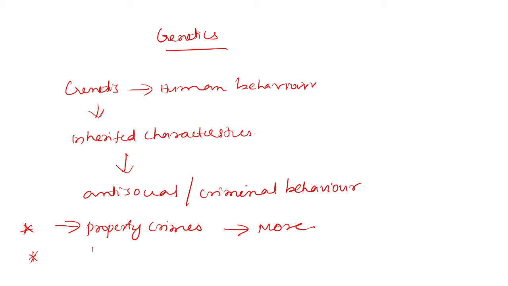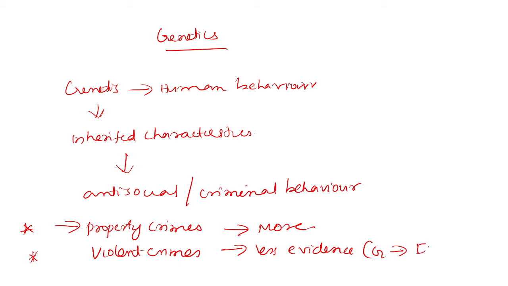So in violent crimes there is less evidence for the relation between genetics and criminal behavior. Only less evidence is there for violent crimes, but there is a lot of evidence for property crimes that genetics is related with criminal or antisocial behavior.